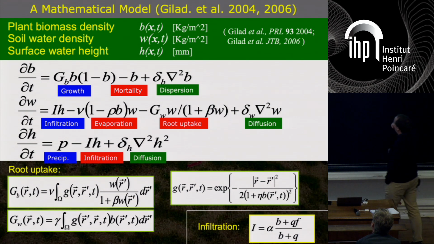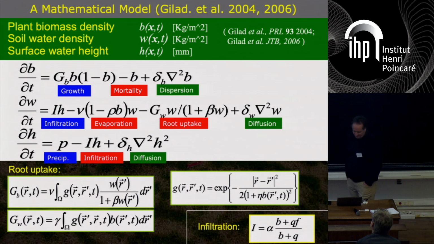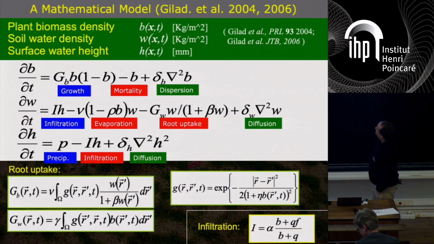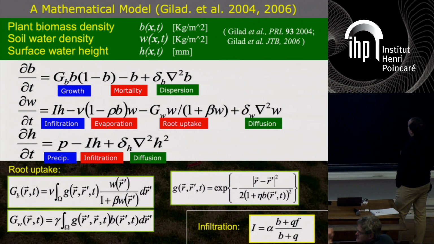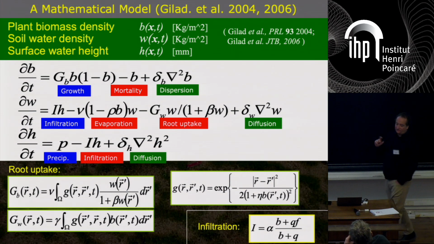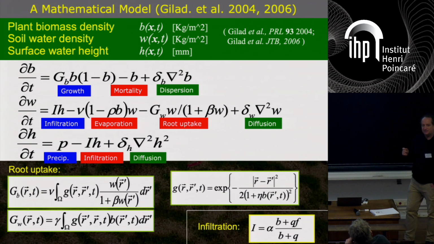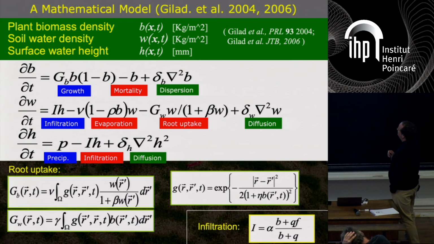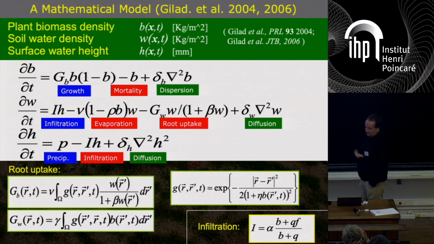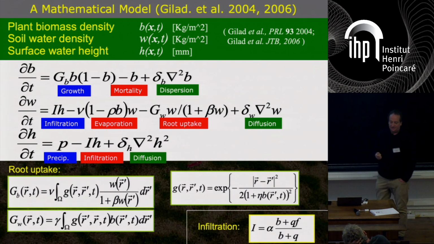It's just one of the many possible models you could write, but this one we used quite a lot as a tool because it allows us to explore various different feedback mechanisms. It has the potential to represent basically all the feedback mechanisms I already listed. But in particular, it is also able to represent the root uptake feedback.